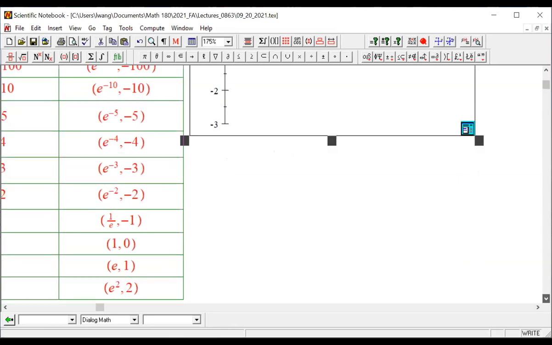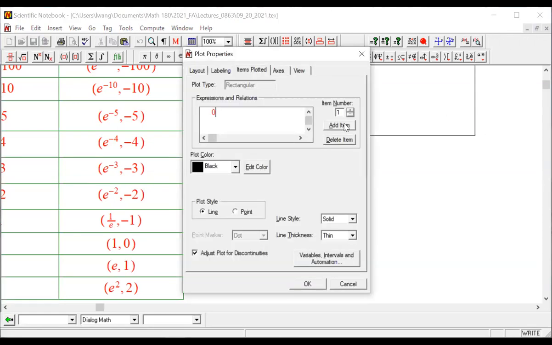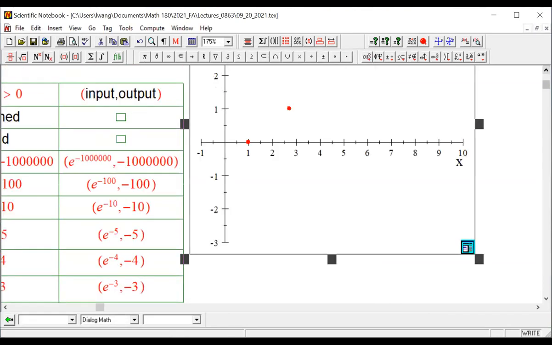And what is the next simplest point for you? Probably e to the 1. E comma 1, right? Well, we can decide which one. So now I want you guys to plot a couple points with me, okay? So this point, e comma 1.